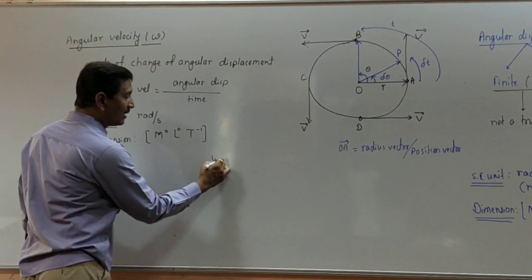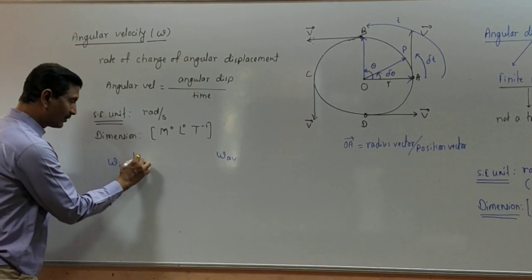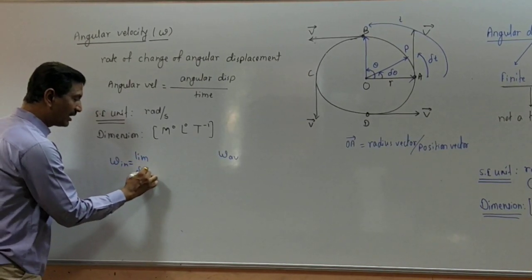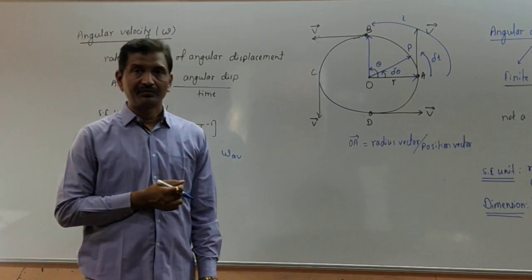So what is the instantaneous angular velocity? The instantaneous angular velocity is the limiting case of the rate of change of angular displacement.